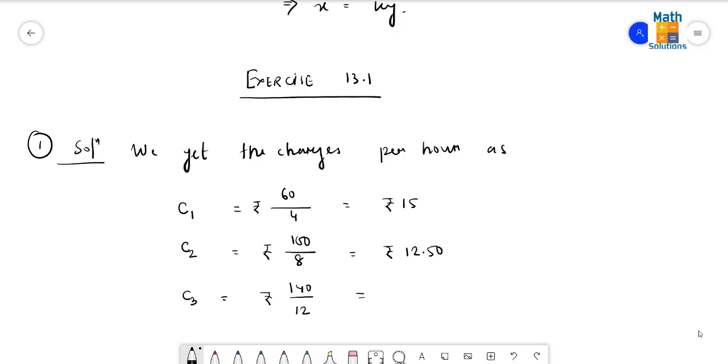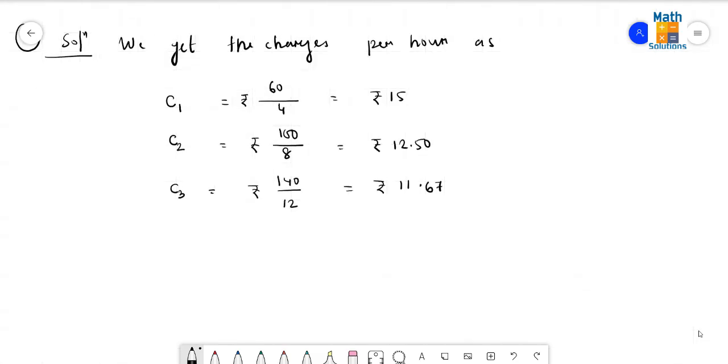On simplification the result will come as rupees 11.67. Similarly, charge per hour for the last case is rupees, how much? 180 divided by 24, and the result will come as rupees 7.50. So we can see that the charges per hour is not constant, means the values are changing.